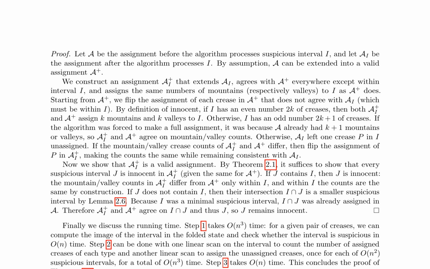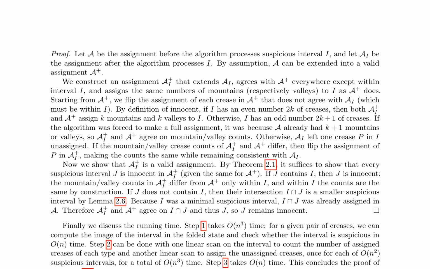The proof of Theorem 2.5 is presented, demonstrating that the algorithm can find a flat foldable assignment for a mixed crease pattern in polynomial time. This is achieved by constructing an assignment A+ that extends AI, agreeing with A+ everywhere except within an interval I, and assigning the same number of mountains and valleys to I as A+.